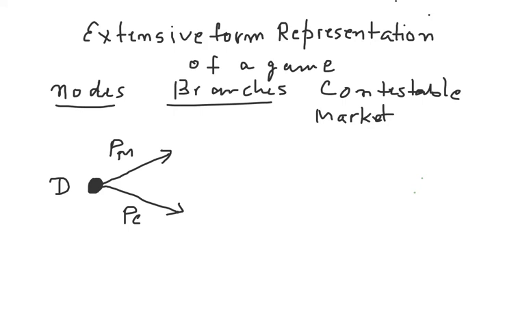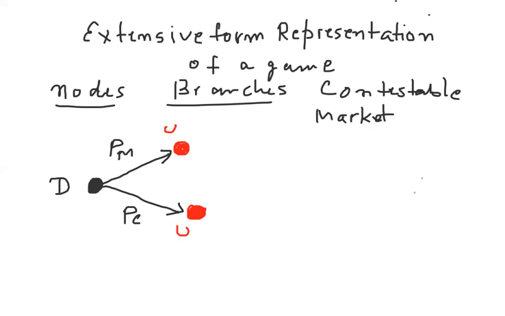And then United will observe what Delta did, and then United has two decision nodes. These are the decision nodes for United. So you can write U here and U here. And United has two strategies to play the game.